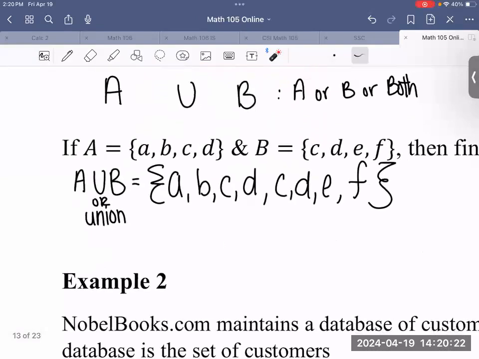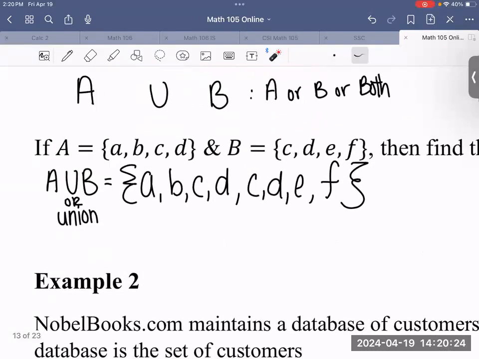Now, what has already been listed? Well, C and D have already been listed right here. So if they have already been listed, we only need to count them once. So that just means we can get rid of the overlap. We can get rid of the repeats.